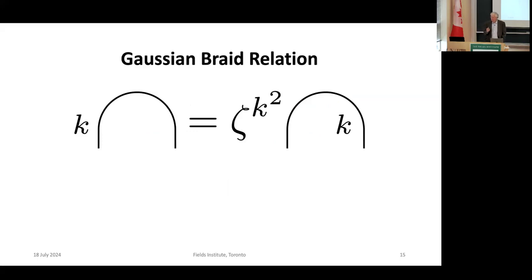And one additional relation, which is the Gaussian braid relation, how to transfer the label on a cap from the left to the right. It involves a Gaussian factor, zeta to the k squared, where zeta is the square root of this omega, the dth root of 1. So zeta is a 2d root.